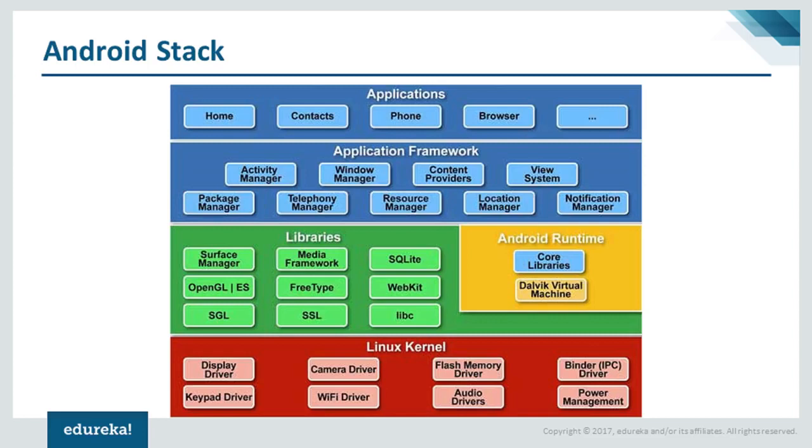After the Linux kernel, we see the hardware abstraction layer, then the libraries and then the framework. All this comes into the middleware and then goes all the way up to the application level. Android is based on the Linux 2.6 kernel.